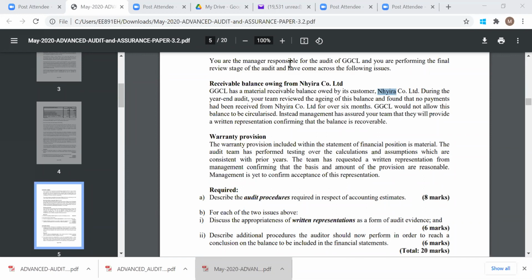So that's also another thing to look out for. You need to review the judgments and decisions made by management in making the accounting estimates. You need to review it.